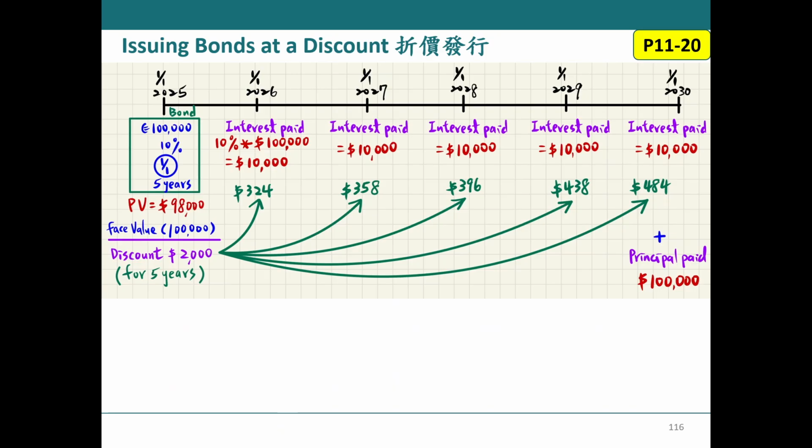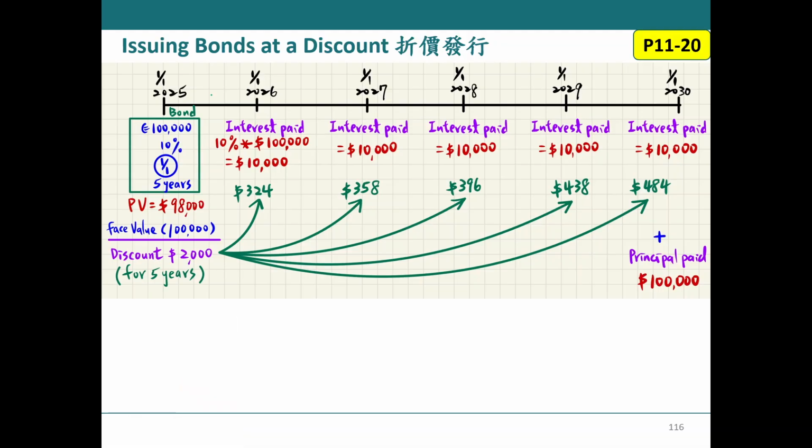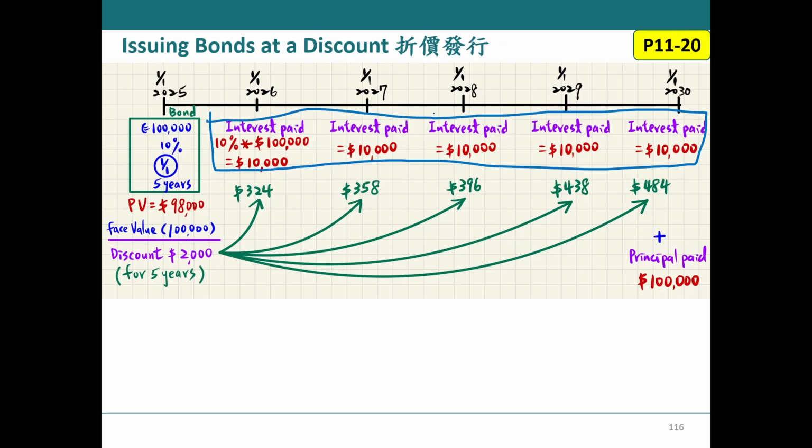So after we find our first cost of borrowing and second cost of borrowing, right now we are going to record the transactions on the accounting books. This is our first cost of borrowing. We promise we are going to pay the interest each period. So finally, we get our second cost of borrowing using the effective interest method.